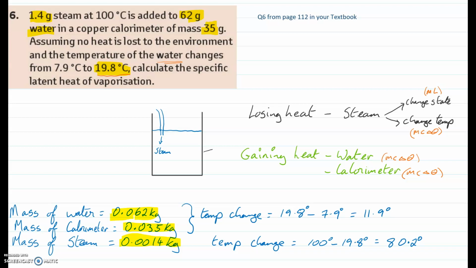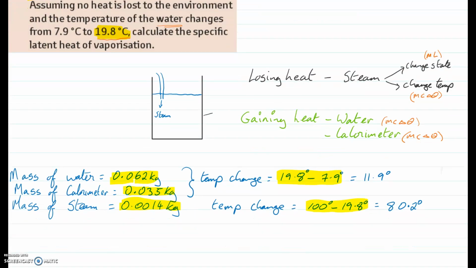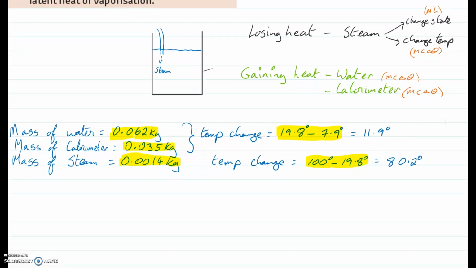So you can work out the temperature change of the steam. Starts at 100 degrees, water at 100 degrees, and finishes at water at 19.8 degrees. And your temperature change of the calorimeter and the other water is fairly much more straightforward, 19.8 minus 7.9. So now you have everything that you need to go ahead and do the question.